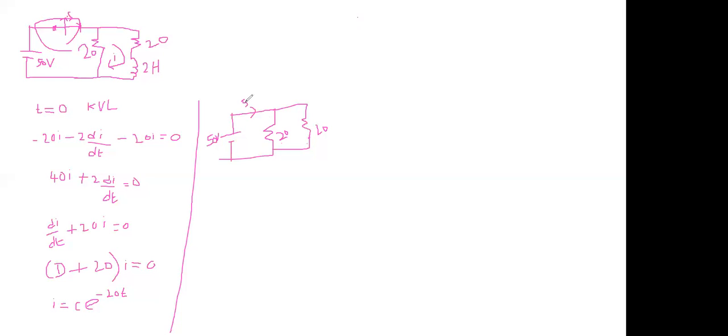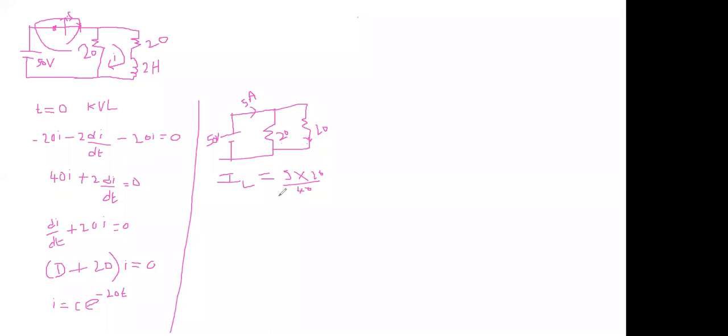This 5 ampere current divides into two parallel branches. Our aim is to calculate the current in this branch, the inductor current, which we call IL. IL equals total current 5 into the opposite resistance 20 divided by 40, that is 20 plus 20 is 40.